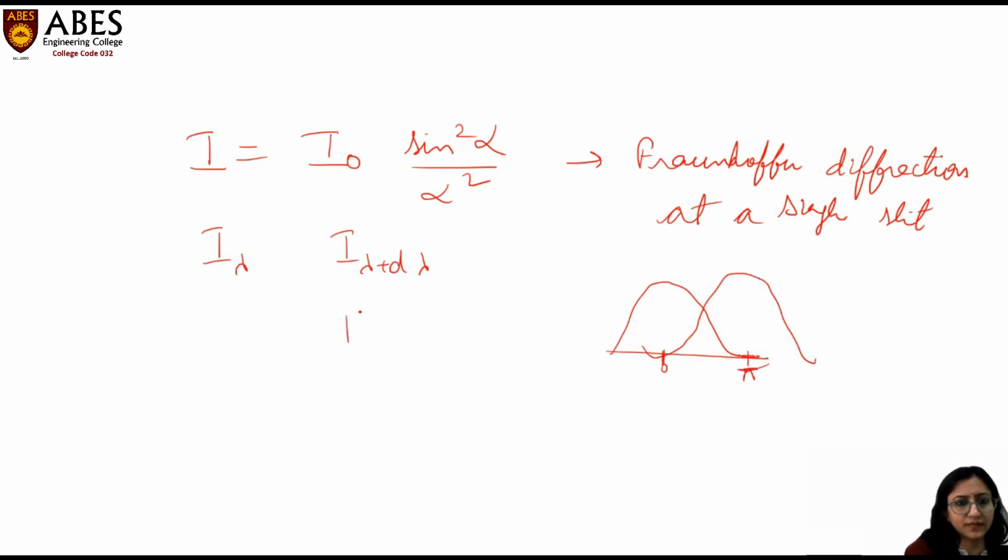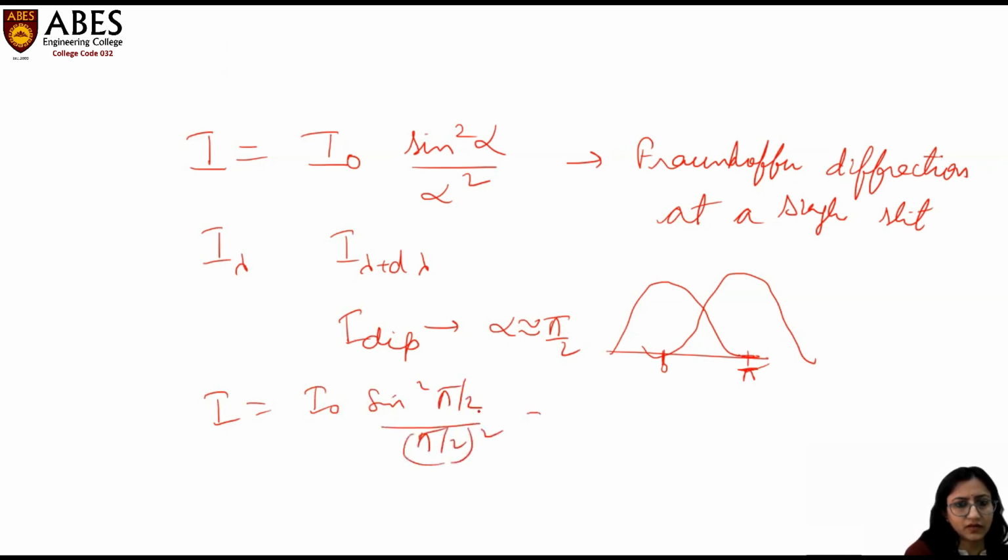It means the dip point is basically at alpha approximately pi by 2. If we keep this value of pi by 2 in this equation, sine square of pi by 2 divided by pi by 2 whole square, the sine value is 1, and we obtain 4 I naught by pi square.